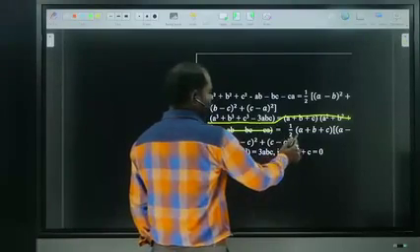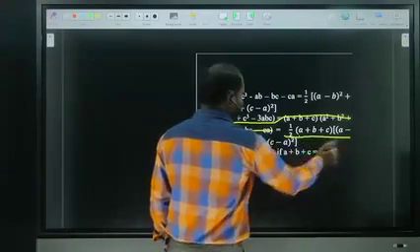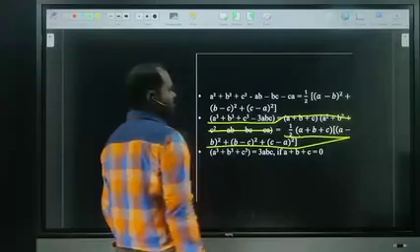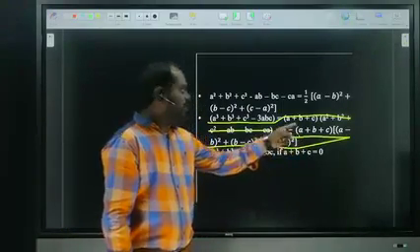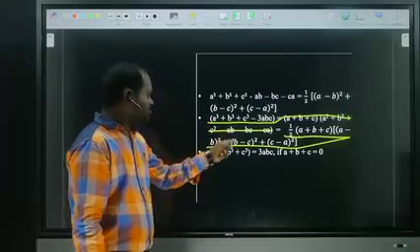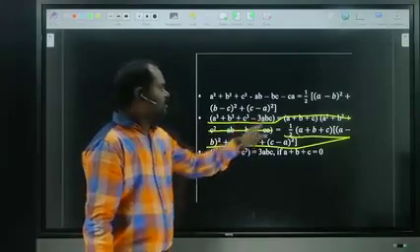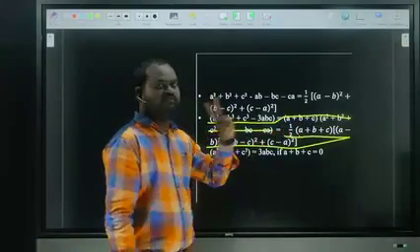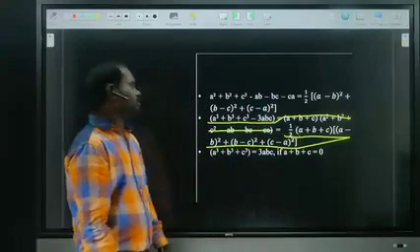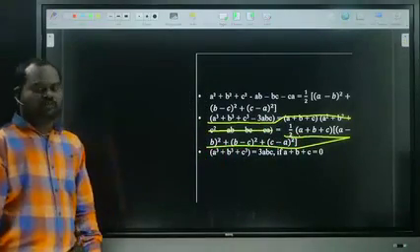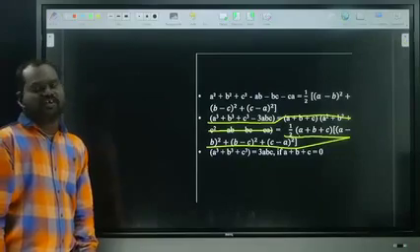We are using the second one, which is applicable: half of (A plus B plus C) into [(A minus B) whole square plus (B minus C) whole square plus (C minus A) whole square].